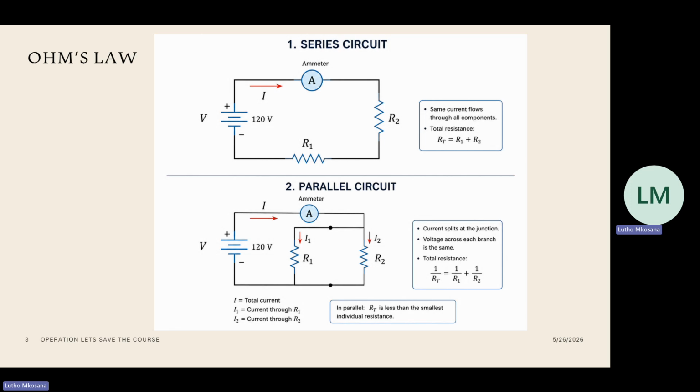These are only the basics of understanding Ohm's law. And within the first series circuit we had, the total voltage is calculated by the voltage across VR1 plus the voltage across VR2, which will give us our total voltage over there.